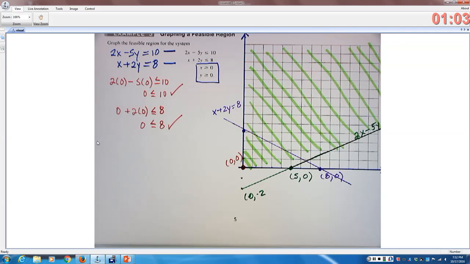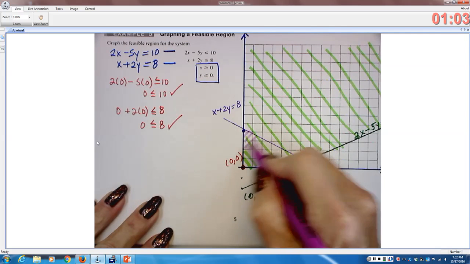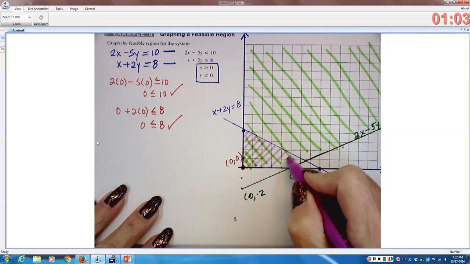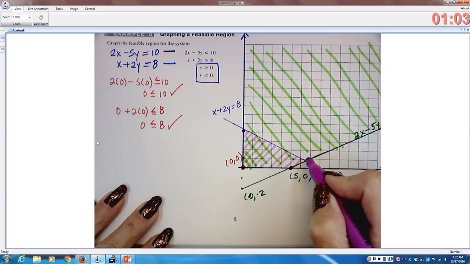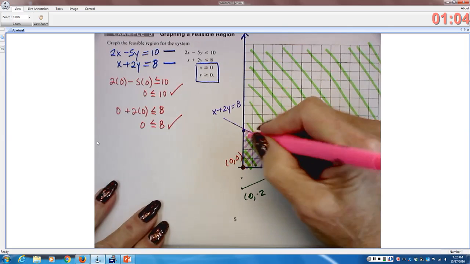So I'm going to shade from that line toward 0. So it turns out that my feasible region is only this part right here.